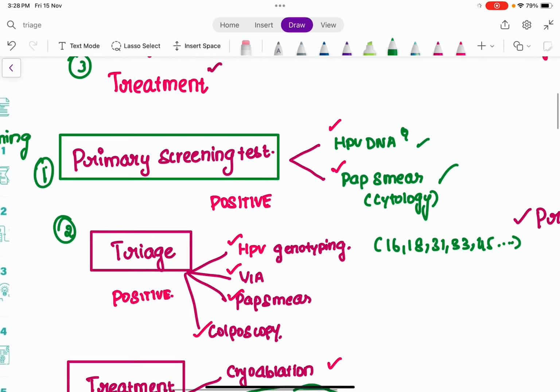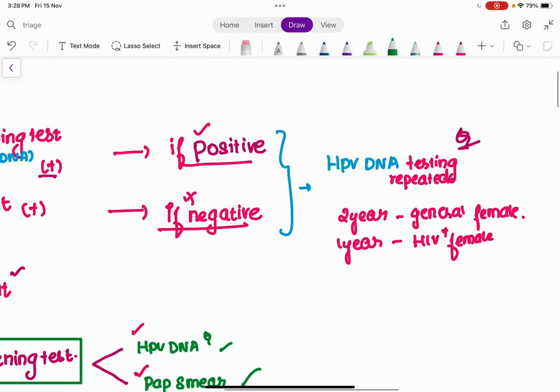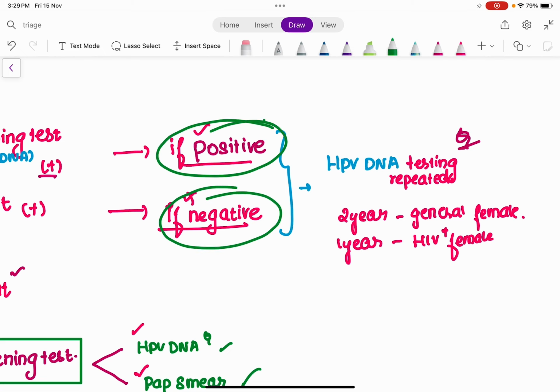Okay? But let's say the primary screening test comes out to be positive and the triage test comes out to be negative, what will you do? In that case, you have to repeat the positive test. One test has been proved to be negative, but only one test has been proved to be positive, so you need to repeat that positive test.